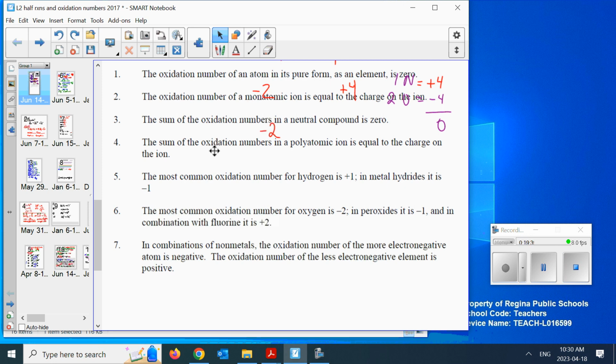Hang on. The most electronegative element is fluorine. As you go left to right on the periodic table, you get closer to fluorine. Fluorine is the most electronegative, so oxygen is second most. It's right beside fluorine.